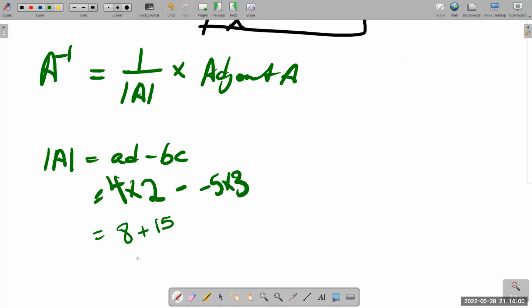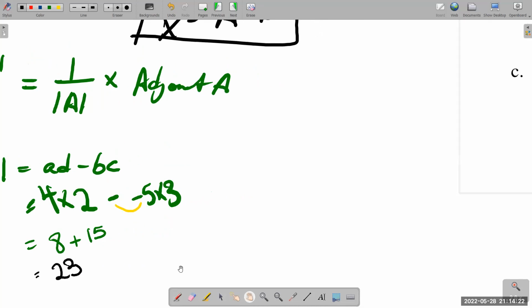Everybody see how I get a plus? Be honest. Everybody see how I get a plus? Okay. So what we're going to end up with is what? 23? Yeah. So the determinant is 23.